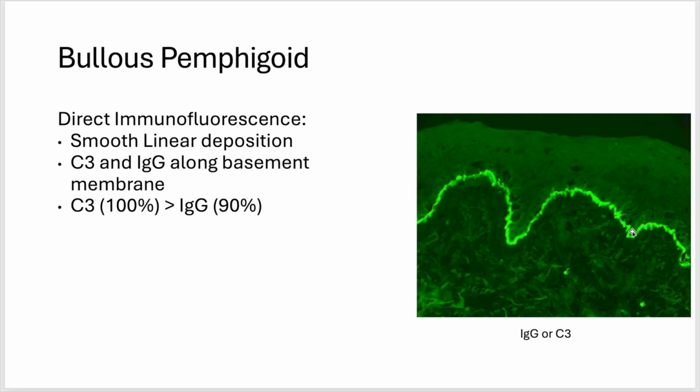So, lastly, as a summary, when you see a tense bulla in an older adult with eosinophils in the split and linear C3 at the basement membrane, you know that is a textbook bullous pemphigoid. Okay?